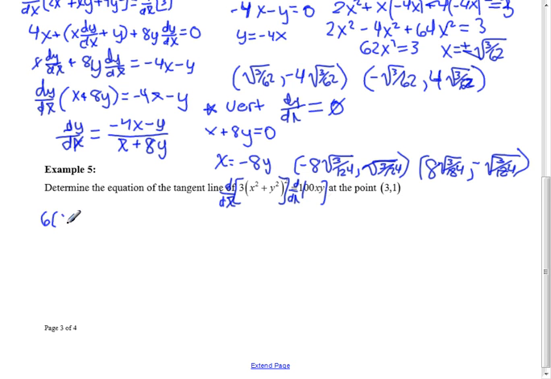We have 6 times x squared plus y squared. Subtract 1 from the power, so that'd just be 1, times the derivative of the inside, which would be 2x plus 2y dy/dx.